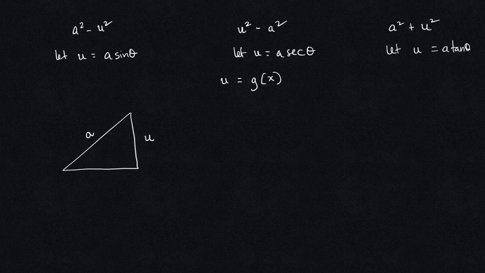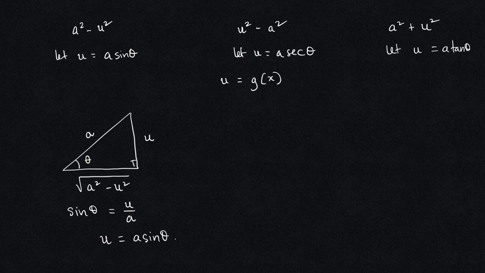It doesn't really matter which one it is. Notice that if we have the hypotenuse being a and the side opposite to the angle theta being u, then the remaining side is the square root of a squared minus u squared. With this right triangle, we see that sine of theta equals u over a. Therefore, u is a sine of theta.